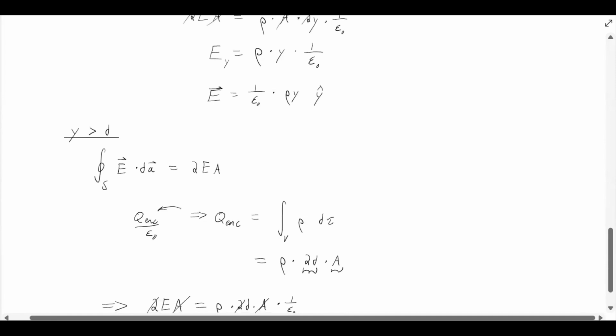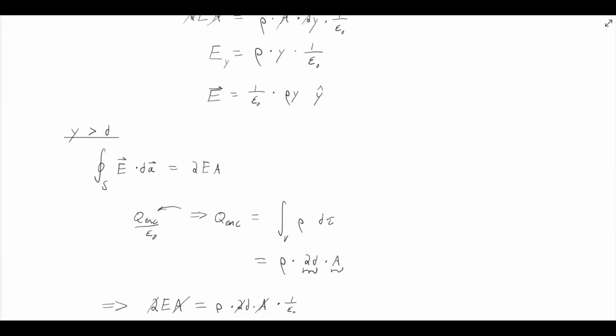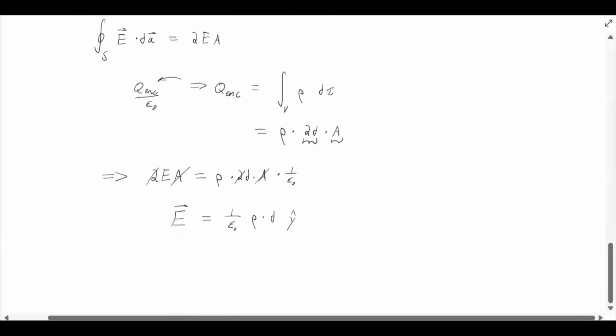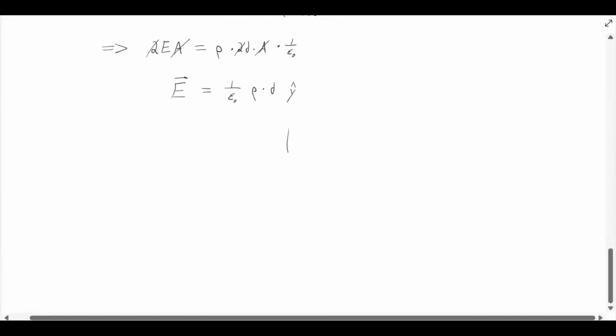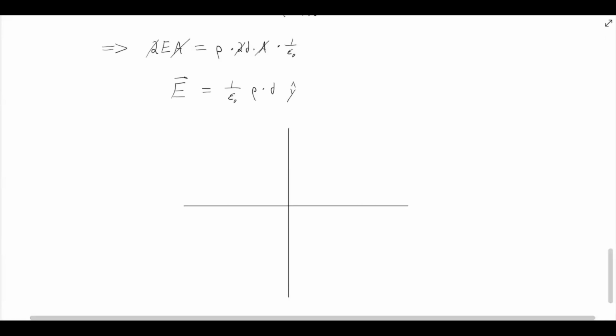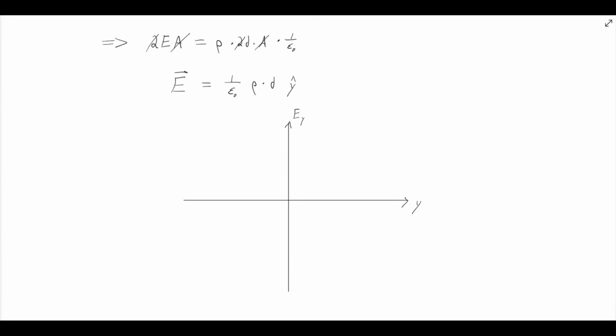And now for the final part of the problem, we have to draw a graph of the electric field versus the direction y. To make this a little clearer, we have y here, and for the vertical axis we can say the E y component, with some bounds from d to negative d.